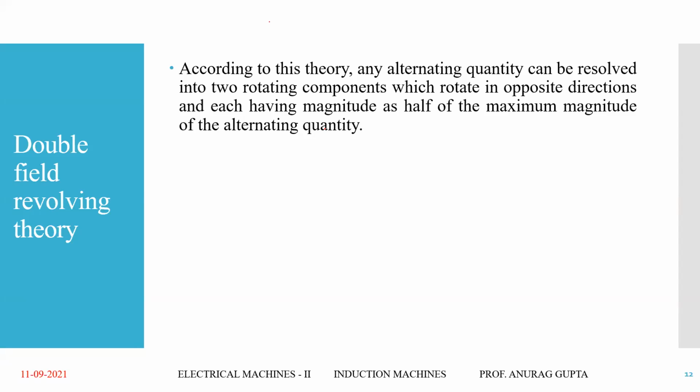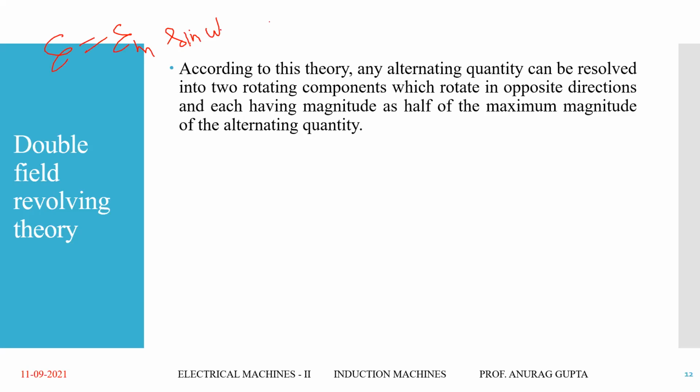Now in the double revolving field theory, according to this theory, any alternating quantity can be resolved into two rotating components. Any alternating quantity, if I'm saying voltage or current, can be resolved into two rotating components which rotate in opposite directions and each having magnitude as half of the maximum magnitude. For example, suppose this is the voltage e. If I'm writing the equation e equal to Em sin omega t, of course this is alternating, there is no doubt.